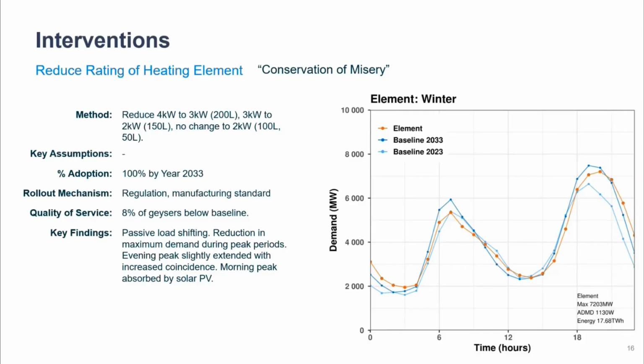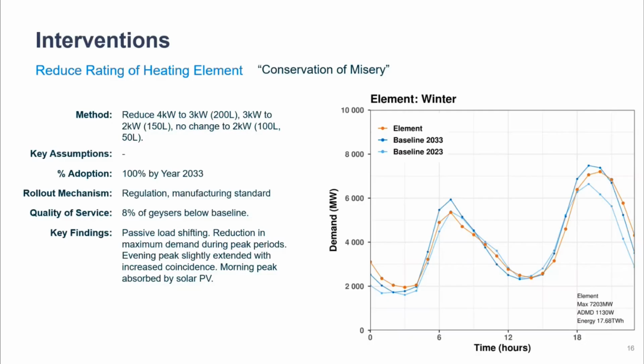Talking about the sort of results, and Jesse alluded to the quality of service. So what does that mean? So we are reducing the element, but it is going to have a consequence on the quality of water that you're getting. So we can see a shift there of about 8% below the baseline, if without this intervention. So some people would have slightly cooler water.